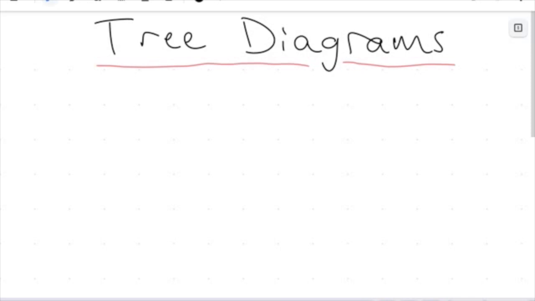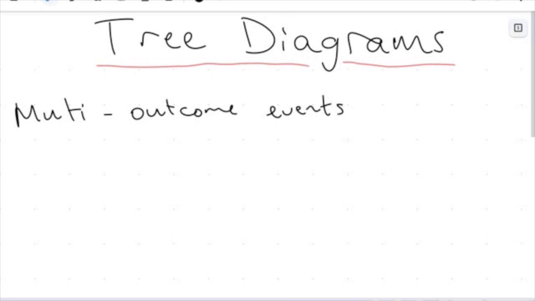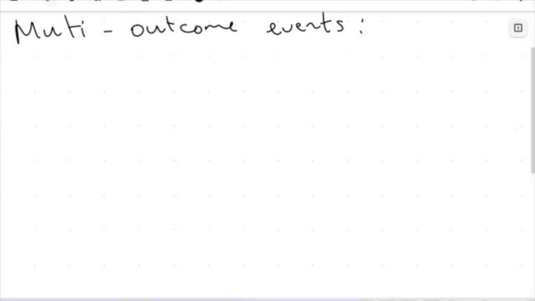Now, tree diagrams are a really good way of helping us to visualize certain bits of information, particularly these multi-outcome events. So these are things being done more than once. So take a coin flip.